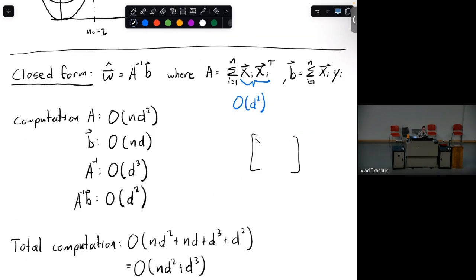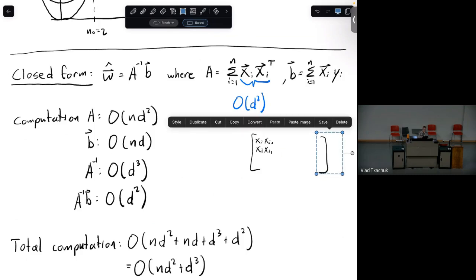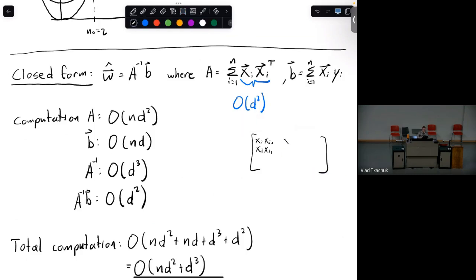It turns out to be x_i times x_i0, and then x_i times x_i1. That's only the first row or first column, and then the second column is like... Oh, whoops. Anyways, all I wanted to communicate was that there turn out to be d squared operations because you need to fill in a whole matrix.